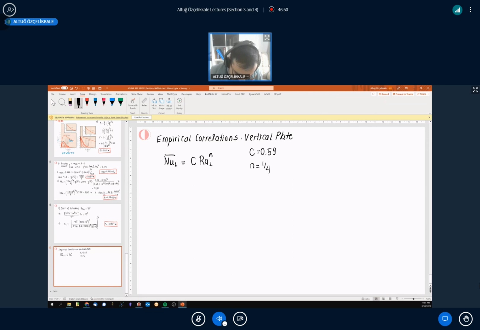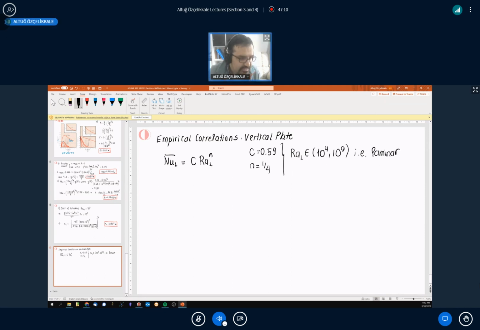These coefficients allow this expression to correlate really well for laminar flow within the range up to 10 to the power 9. That's, in other words, within the laminar flow regime.